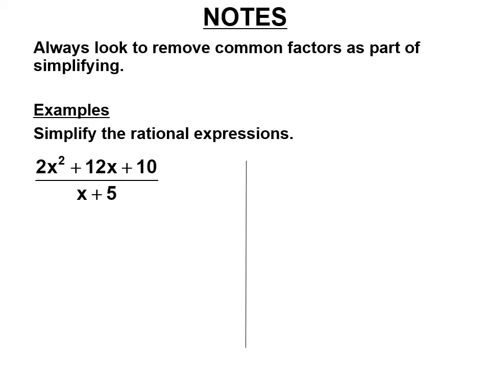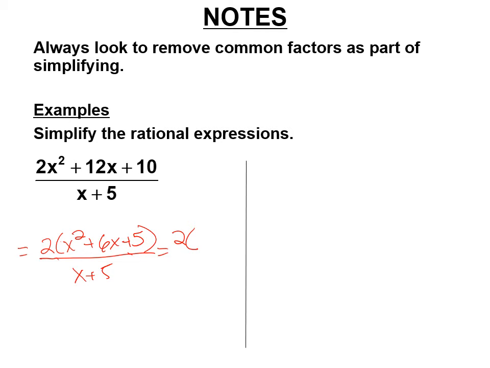Okay, so again, we're going to use everything we've been learning. So we need to get an x plus 5 here. And notice that there is a common factor of 2 here. So let's take that out first. 2 times x squared plus 6x plus 5, yes?